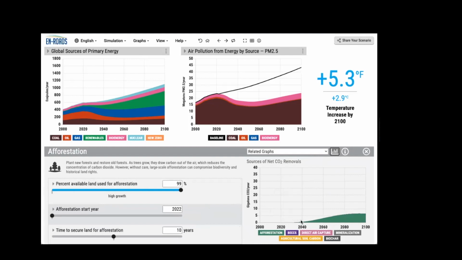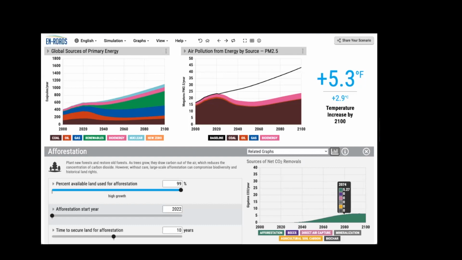But just to pick on afforestation, it doesn't get high until really out to 2080, and that's because you can't plant all the trees at once, and it takes a while for them to grow, and they've got to get big before they're sucking in a lot of CO2 out of the air.